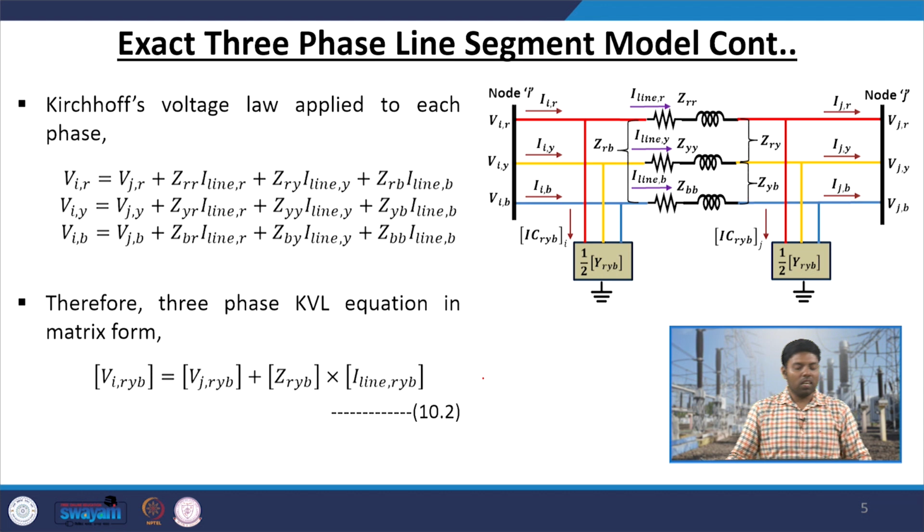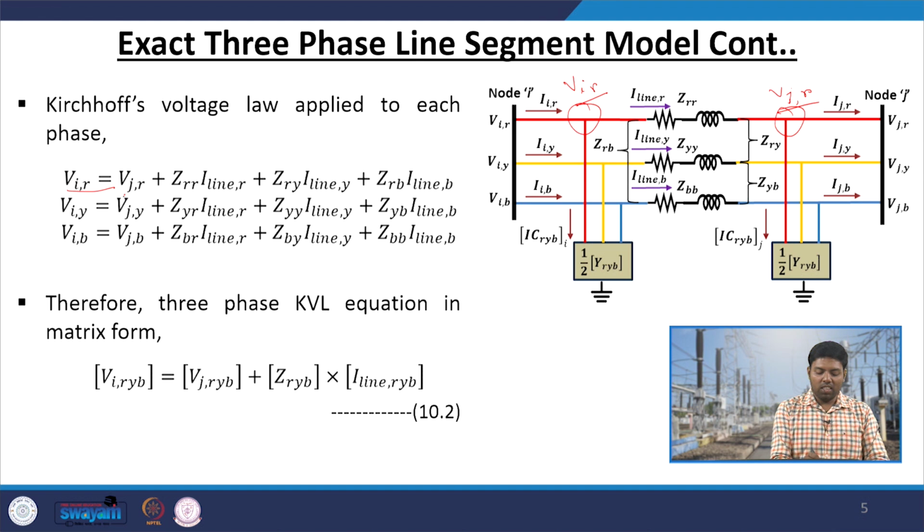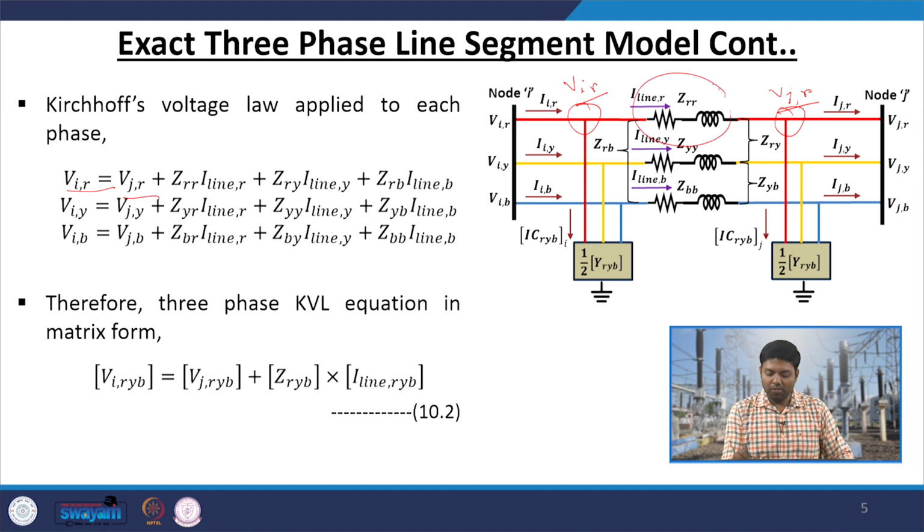Now, we will apply Kirchhoff's voltage law on this system. We can see that V I R is equal to V J R plus the self impedance multiplied with the current of that phase, that is Z R R into I line R, plus the mutual impedance Z R Y with the other phase current, that is I line Y, similarly with the third phase.